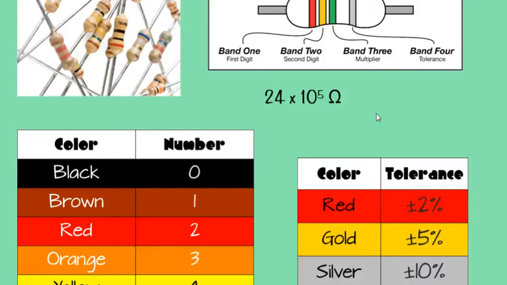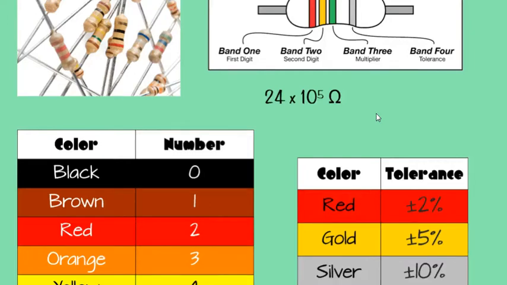We will only deal with a tolerance corresponding to red, gold, or silver. But almost every color has a corresponding tolerance, down to 0.01% or all the way up to 20%. The more precise the resistance, in other words, the smaller the tolerance, the more expensive the resistor is. That's because it's a bit more difficult to manufacture ones with such small tolerances.